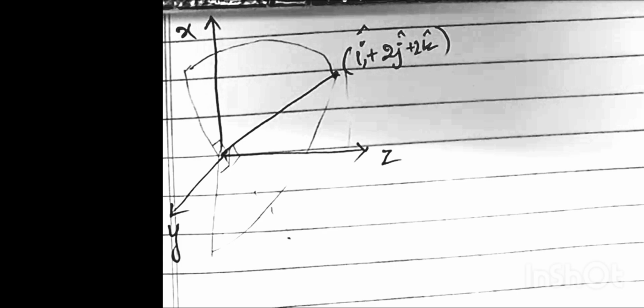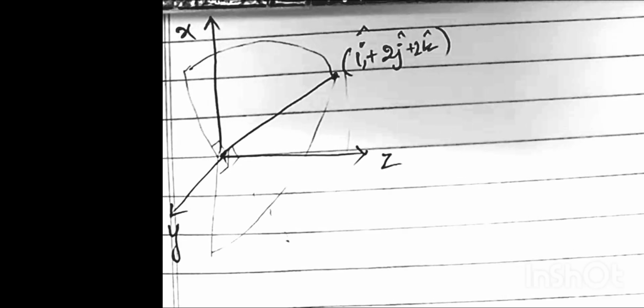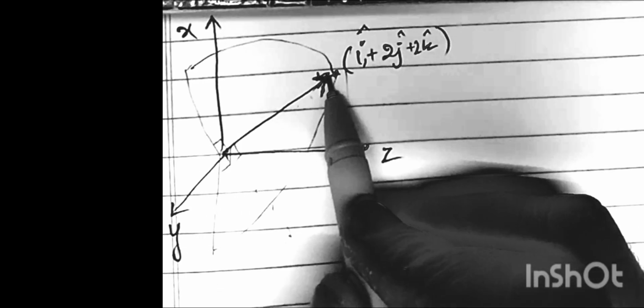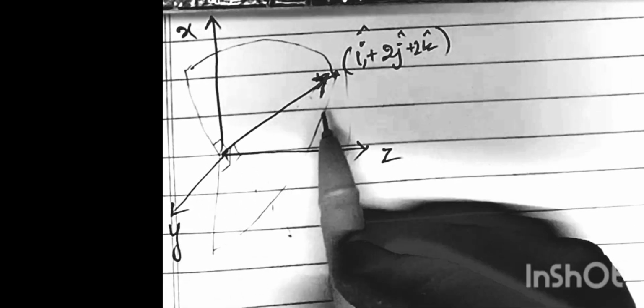But what is said here is that the vector crosses the positive direction of y-axis, which means that I rotate this vector, let's have the arrow here, in such a way that during its rotation, it exactly passes through the y-axis.